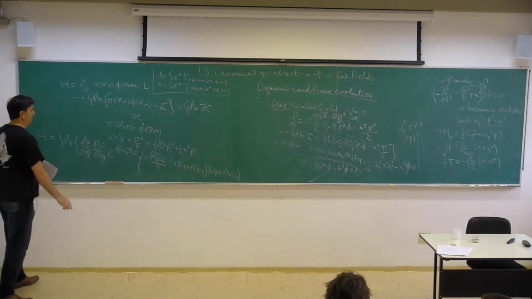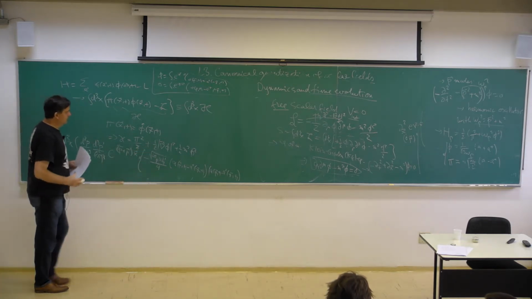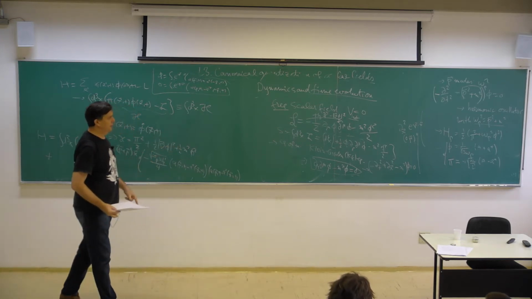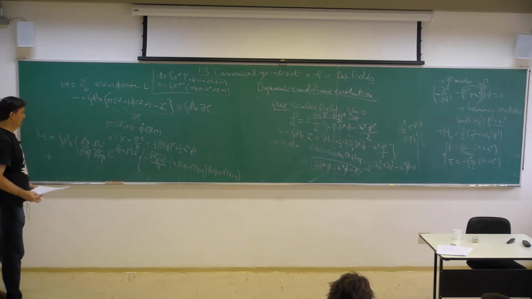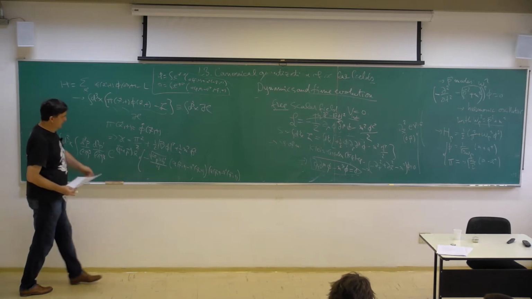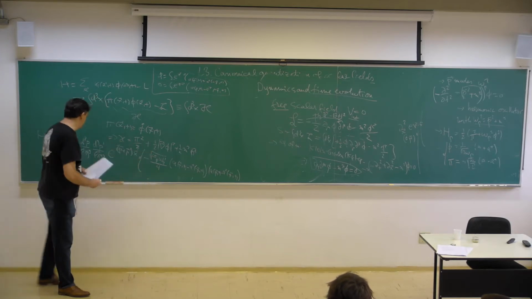Then I get this term. So phi itself comes with 1 over square root 2 omega. The 1 over square root 2 squared with a 1/2 gives the same 1/4.